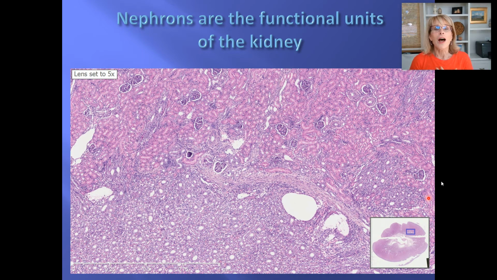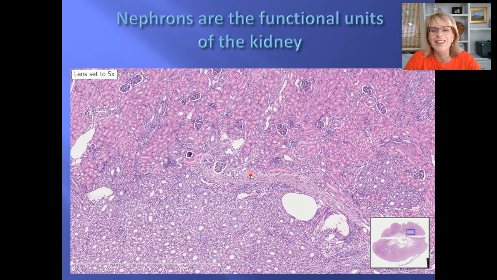The proximal and distal convoluted tubules have that word convoluted right in their name. But I would like to give you an appreciation for the fact that even though the images you're looking at seem really complicated, compared to the real thing, they have been dramatically simplified. So this is what the kidney actually looks like. This is a glomerulus. It's in a glomerular capsule. Some of this is proximal convoluted tubule, some of it's distal convoluted tubule.